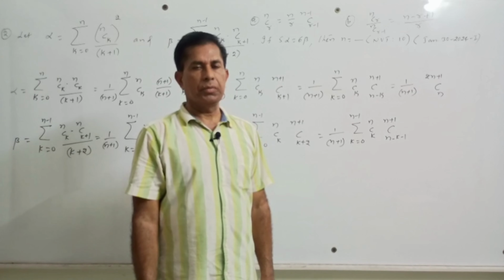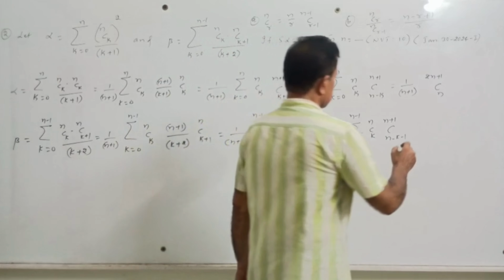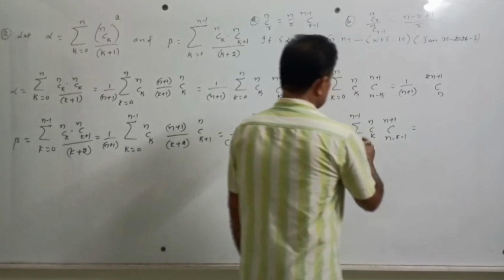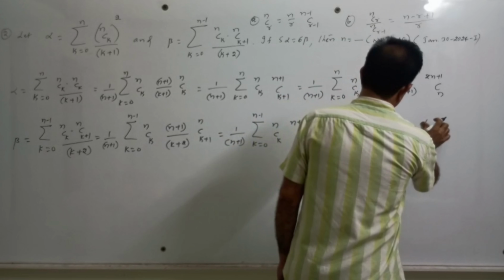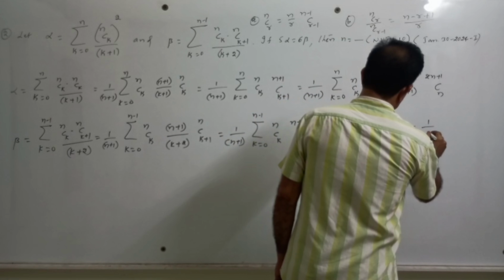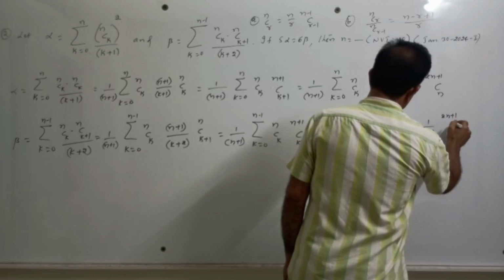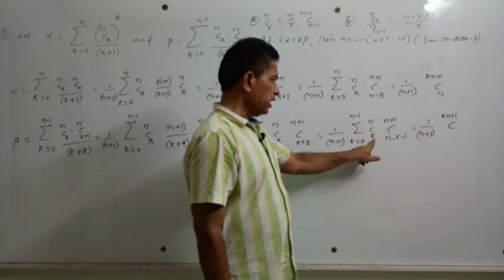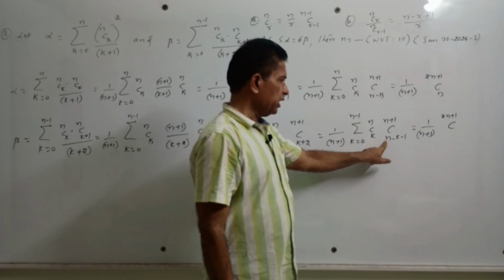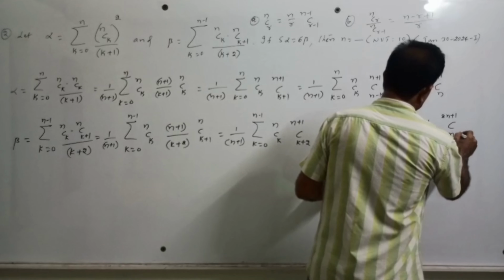Therefore, according to Vandermonde's identity, this can be written as the sum of the upper indices, 1 by n plus 1 written the same, the sum of the upper indices is 2n plus 1, and the sum of the lower indices k plus n minus k minus 1 becomes n minus 1.